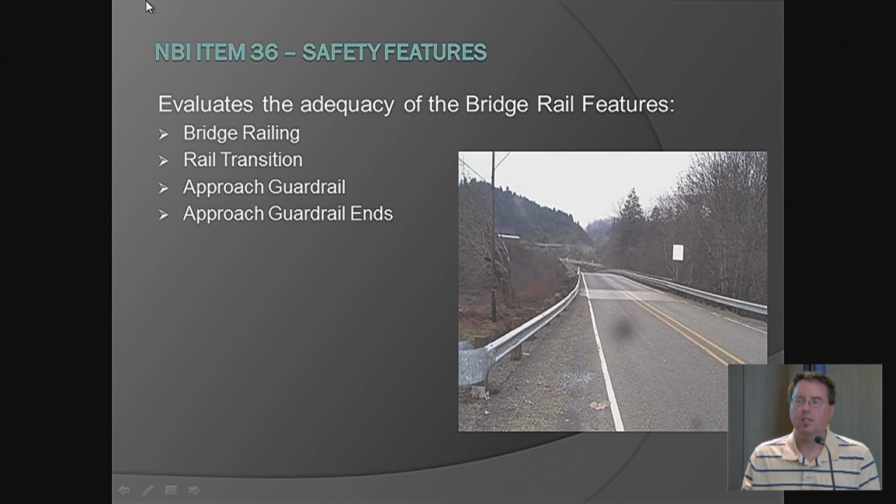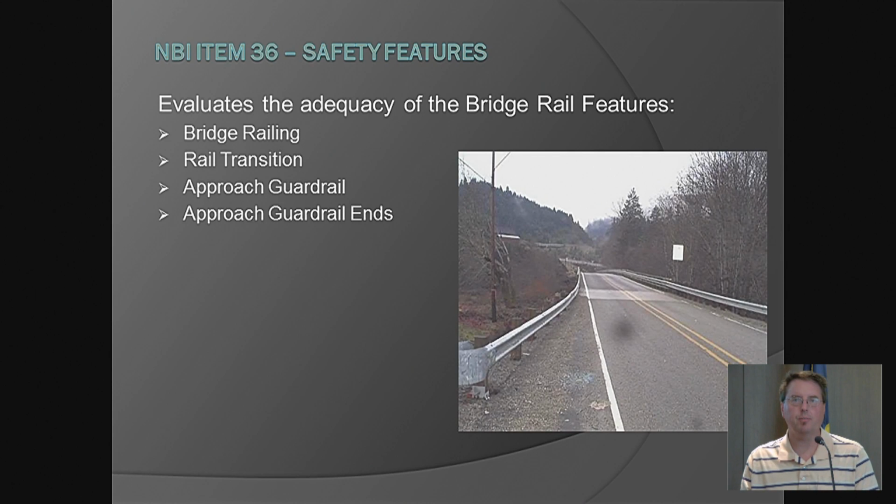So item 36, these are your safety features, and what those are are your bridge railing, your transitions, the length of approach guardrail, and then your guardrail ends. Item 36 is broken into 4 values, so it's a 4-digit number. The first digit is going to be the bridge railing. The second will be your transition, then your approach guardrail will be the third, and then the end treatments will be your fourth.